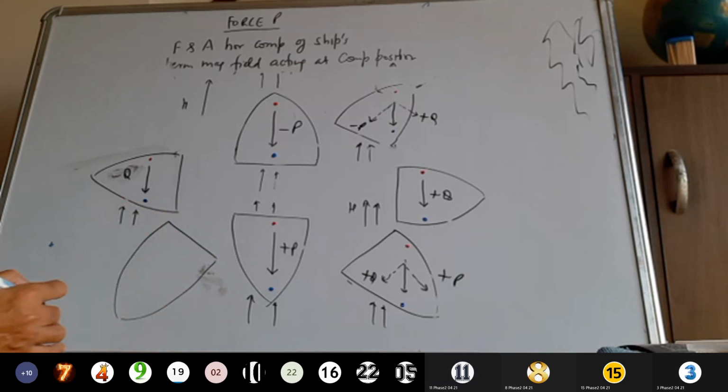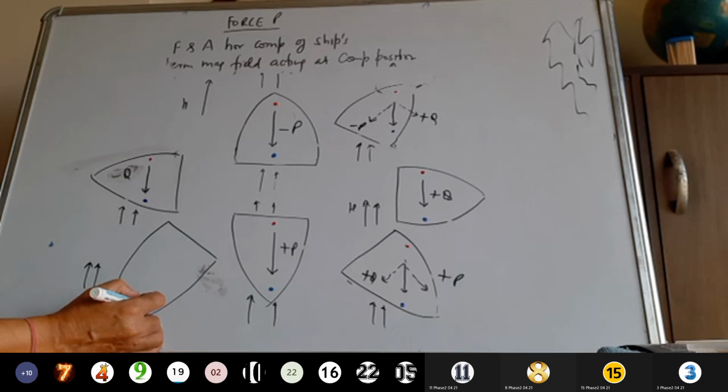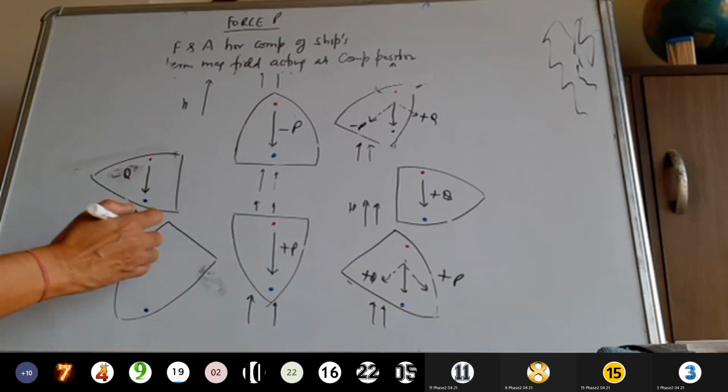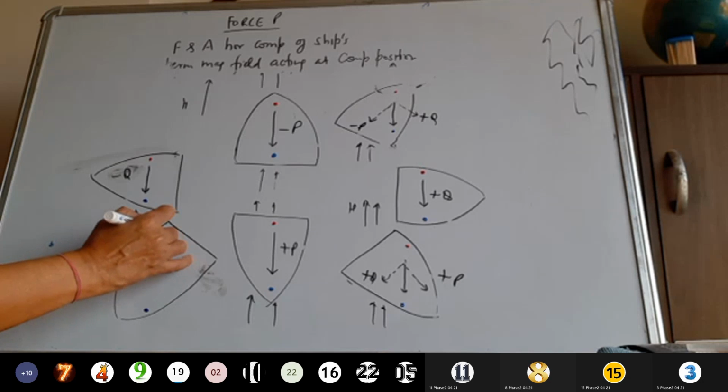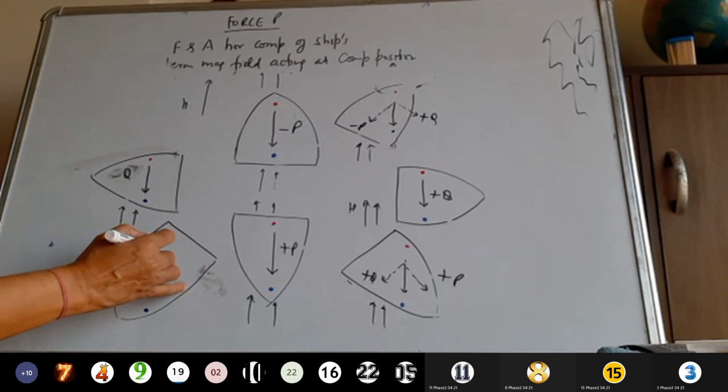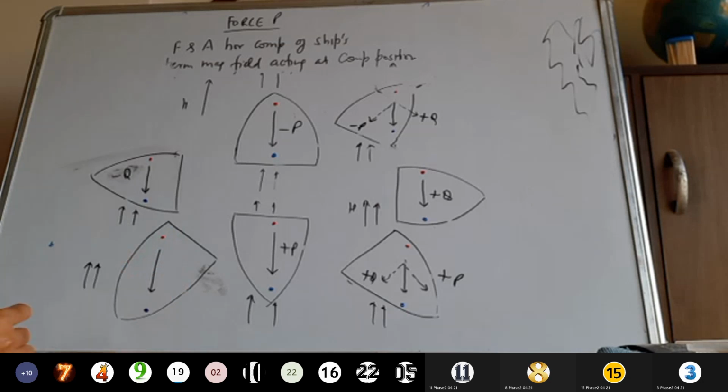Suppose now the ship is built in the southwesterly quadrant. So H, the inducing force, is always acting towards north. So now what will you have? We'll have a blue pole created on the port bow, and we'll have a red pole created at the starboard quarter. After the ship has come into active service, the force is going from red to blue.